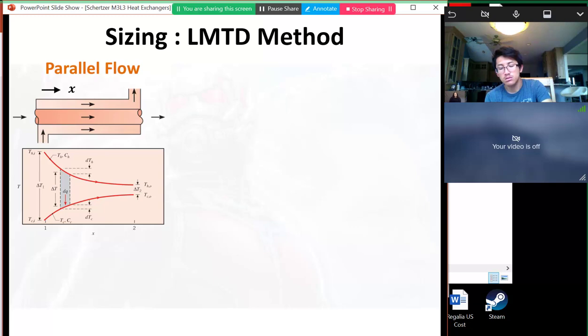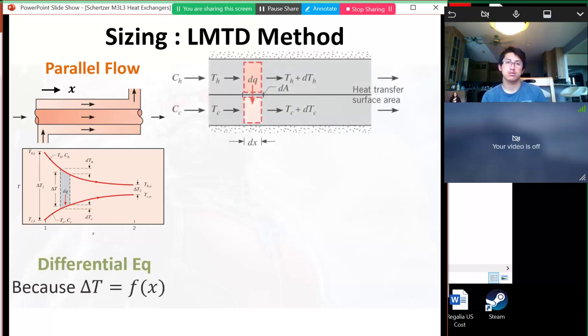So that's how we would find, in a parallel flow or a counterflow heat exchanger, how much heat we need, right? But we also might want to find out how much area we need, right? So here we'd have to look at this and say that the amount of heat that we're transferring changes as we move down our pipe.